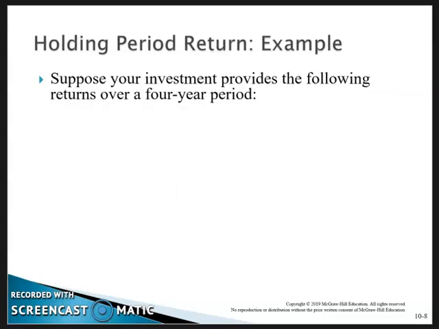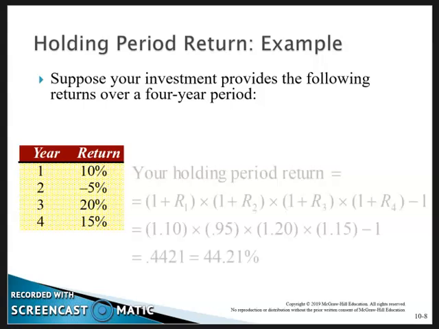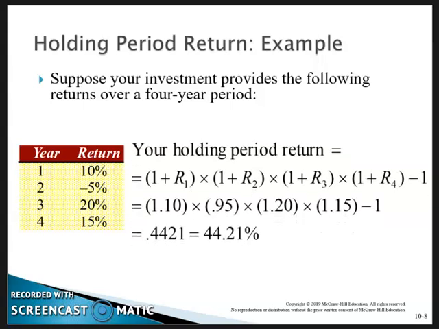So example here, suppose your investment provides the following returns over the 4-year period: 10%, a loss of 5%, a gain of 20%, and a gain of 15%. So our formula: 1 plus R times 1 plus R times 1 plus R, 4 times. So 1.1 is 1 plus the 10%.